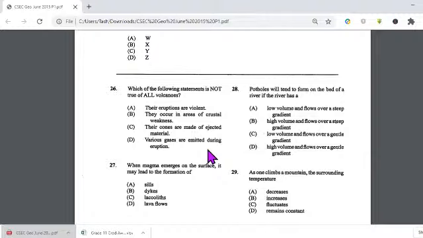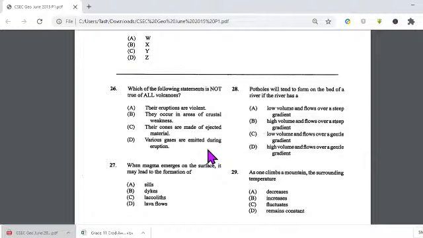So we do have two types of lava. We have basic lava and we have acidic lava. We know that acidic lava is a lot more explosive. So the acidic lava will have violent eruptions because it cools so quickly and it hardens, and because of the makeup of it, right?